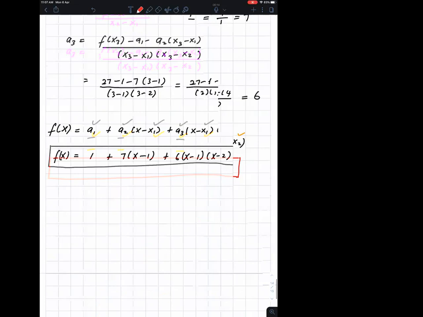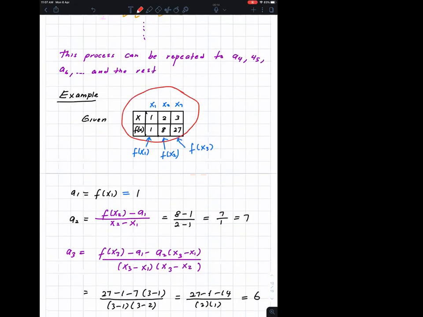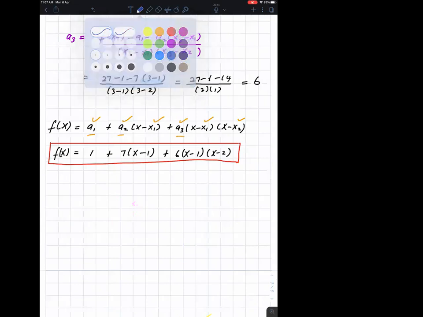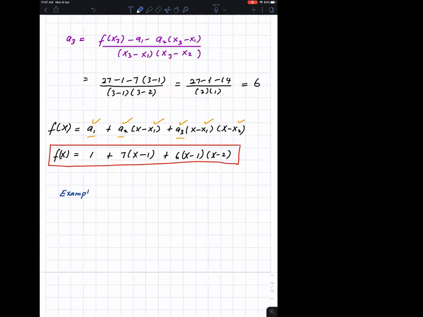If I now ask you to find what fx will be from this polynomial, for example, given x is 2.2, compute fx. That's quite easy.